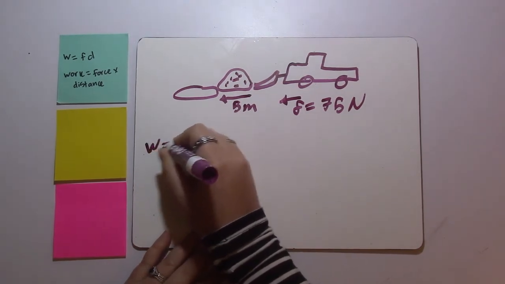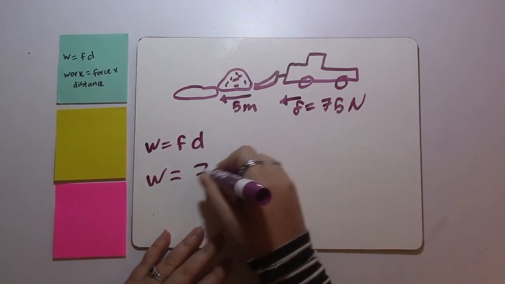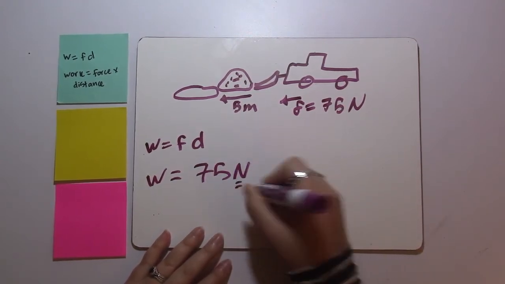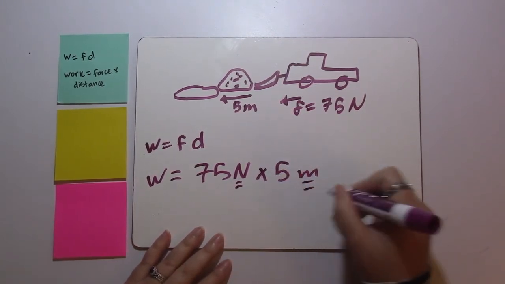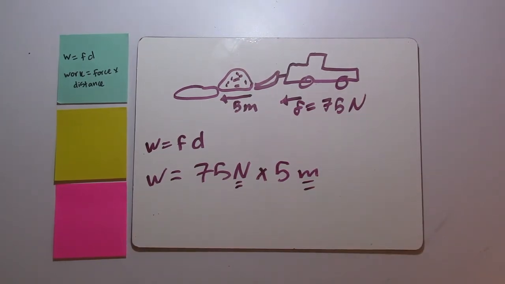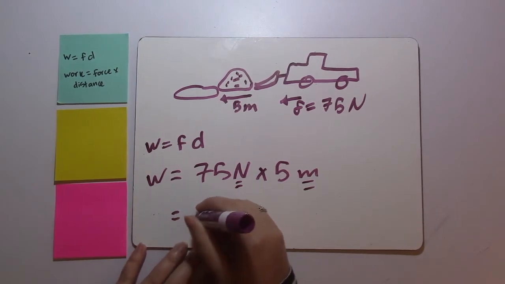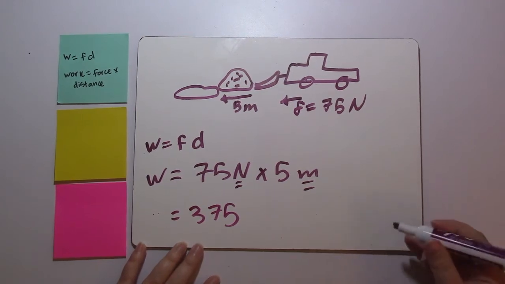So our equation is W equals FD, which means work is equal to 75 newtons, newtons being our unit for force, times 5 meters, which is the unit we're using for distance. Go ahead and use your calculator to figure out 75 times 5. I'll give you a second to figure it out. If your final answer was 375, you would be correct, but we need a unit for this.